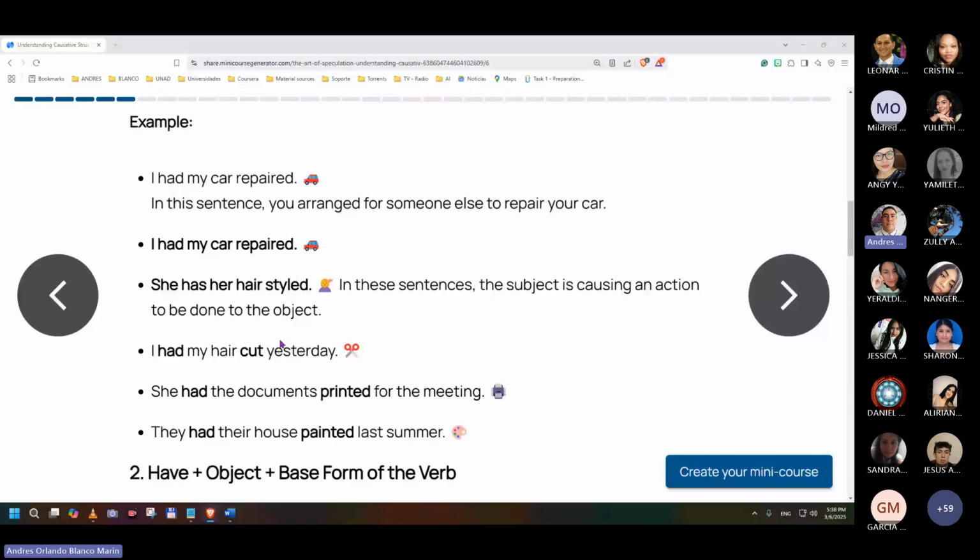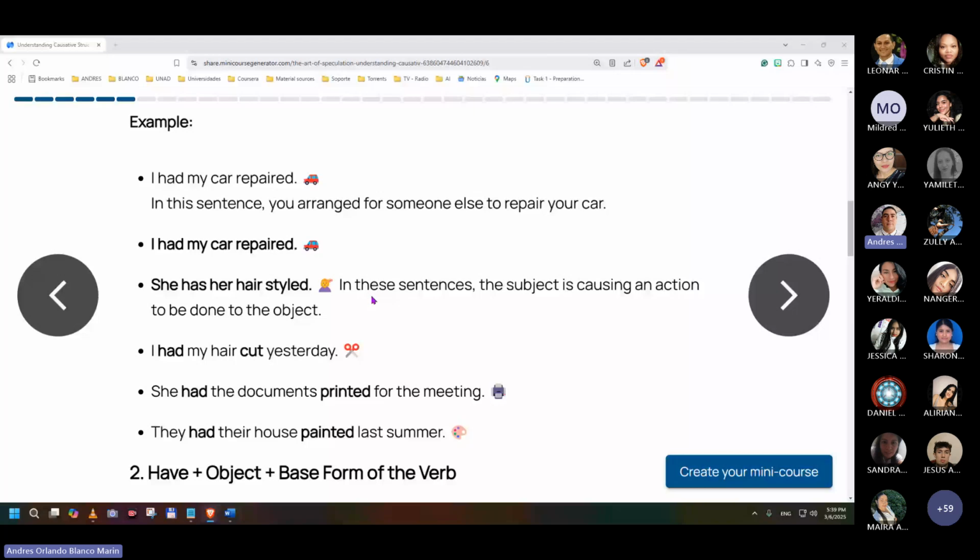She has her hair styled. Who is the subject? She. And who is the object? Her hair.